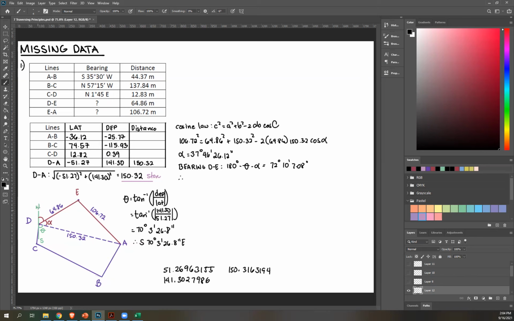So that's north going towards east. So that's north 72, then 7.08. Okay, so that's the answer to letter A for number 1.